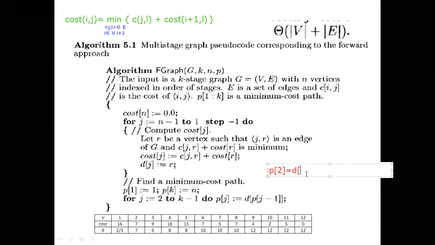J value is 2, 2 minus 1 is 1. What is P of 1 value? It is already given. P of 1 is 1. I will replace this whole P of 1 with 1, because P of 1 value is assigned as 1, right?